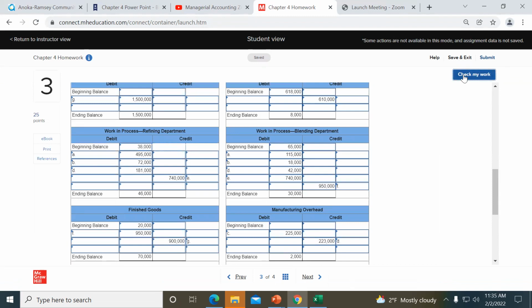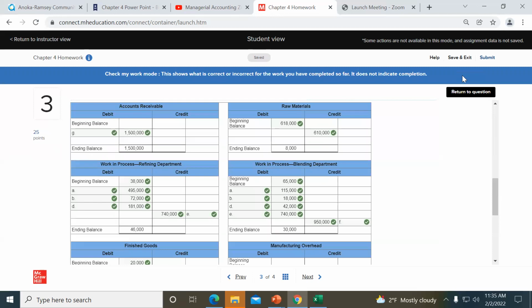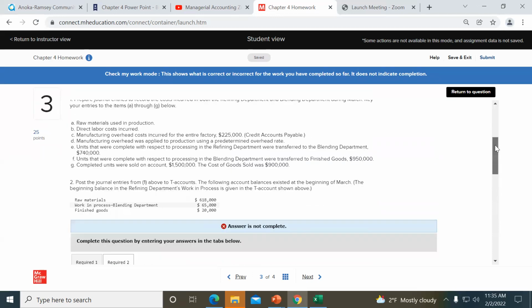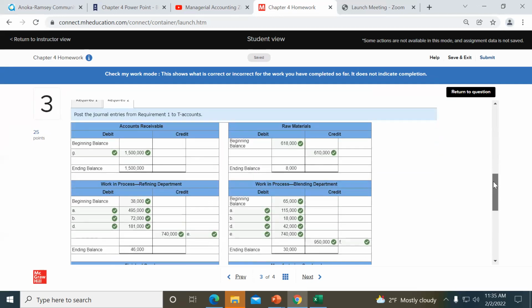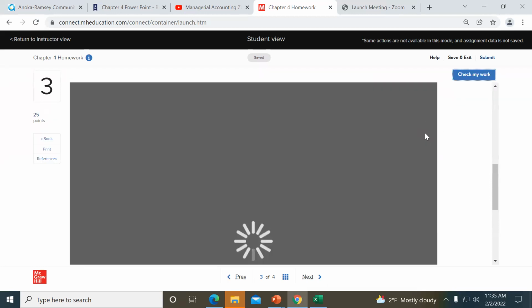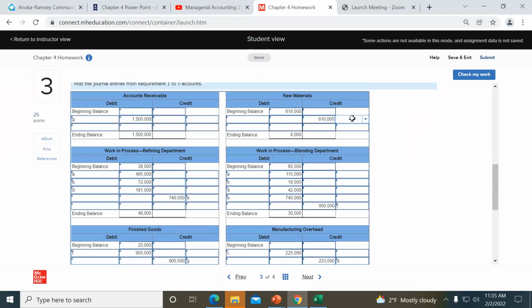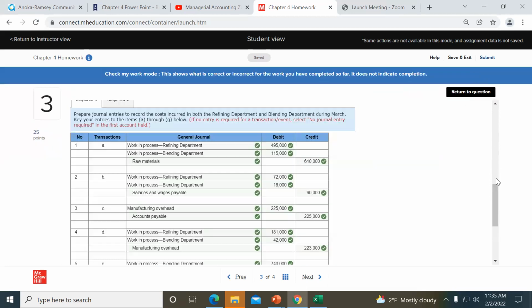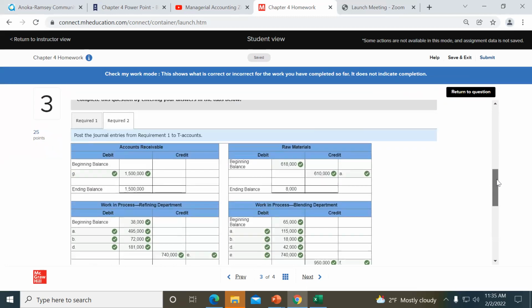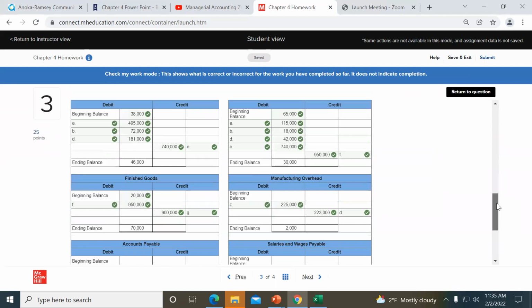So hopefully that makes it correct. Still, it's not complete. What am I? Yep, like over here, I'm missing that letter. Yeah, because you miss one, like this 610 is A here. Okay, where am I missing?